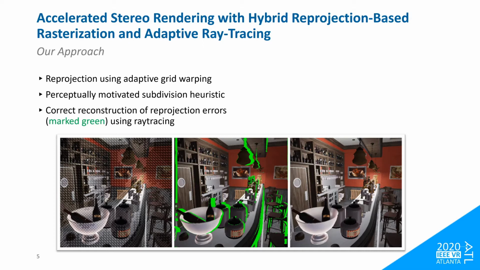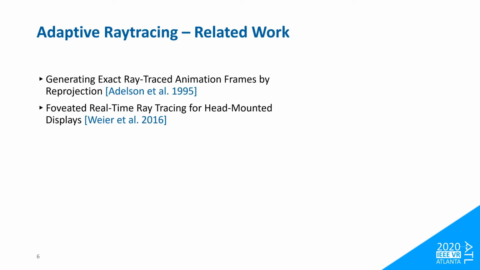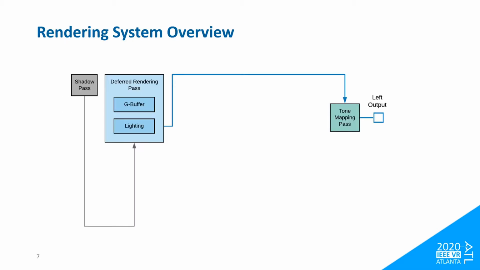To this end, we make use of hardware-accelerated adaptive ray tracing available on the latest GPUs and correctly reconstruct the missing information, a feat not achievable with common inpainting techniques. Adaptive ray tracing has been used to reconstruct reprojection errors before. In the work of Adelson and Hodges in the context of synthesizing animated frames in a fully ray traced environment, and by Weier et al., who implemented a ray traced foveated rendering system.